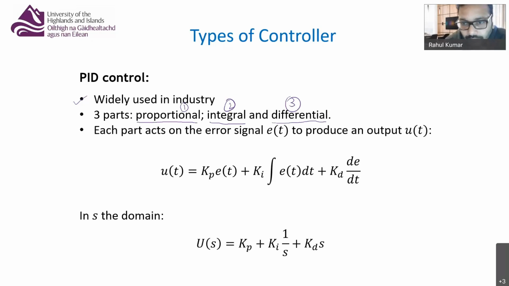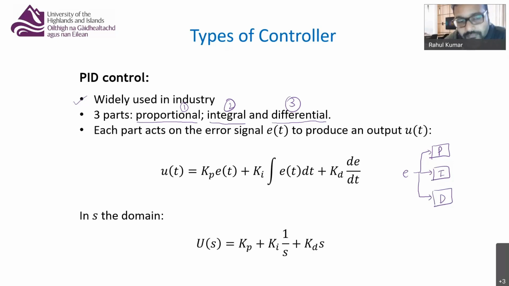Now, the error signal. If you have a closed loop system, you generate the error signal by comparing the output with the input, and you get the difference, or the error signal. This error signal is sent to all three parts: the proportional controller, the integral controller, as well as the differential controller.